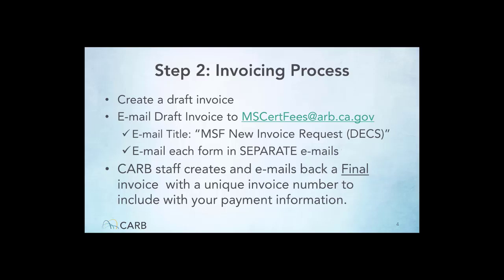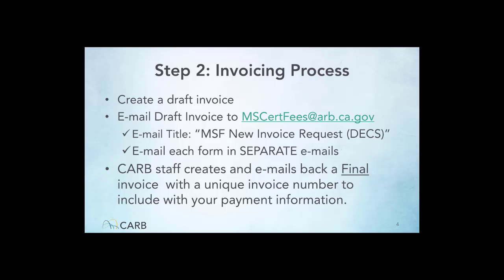Now for a quick review of the overall invoicing process. There are 3 steps. First, the manufacturer, or you, go to our website, select the correct draft invoice for your focus group, and create a draft invoice. Second, you email the draft invoice to mscertfees@arb.ca.gov, ensuring that you follow the instructions listed on this slide.